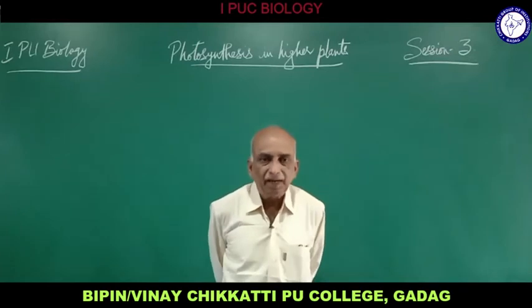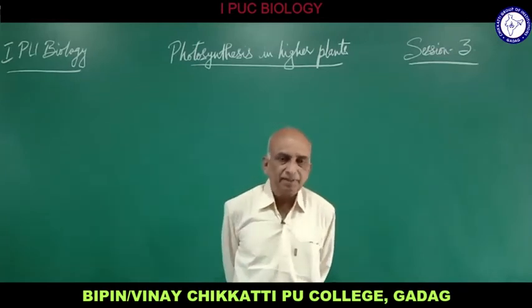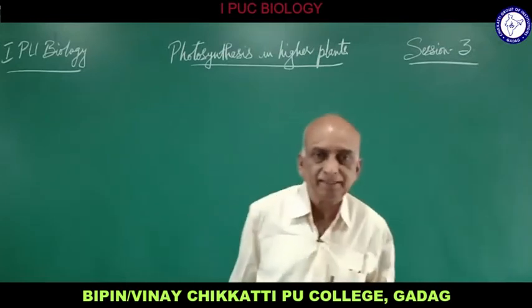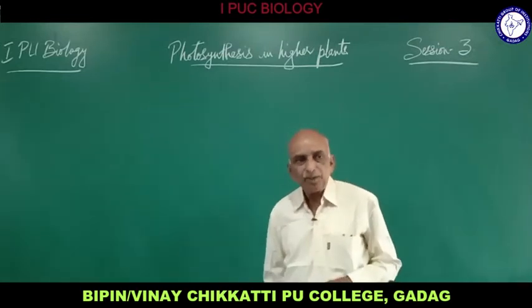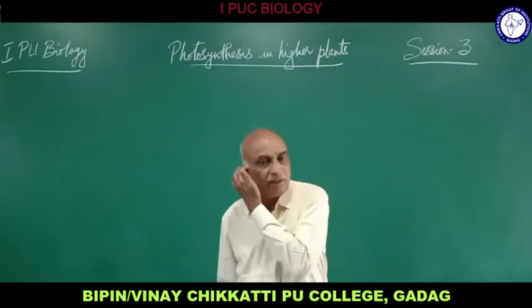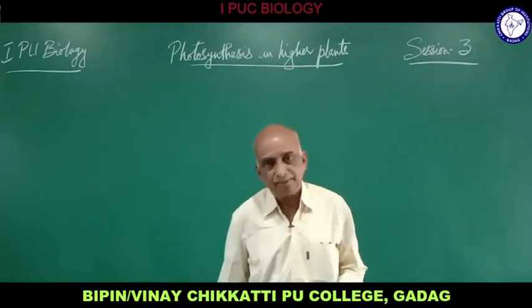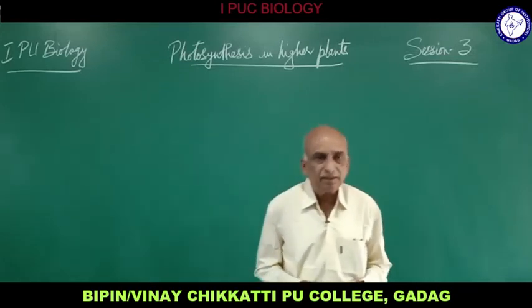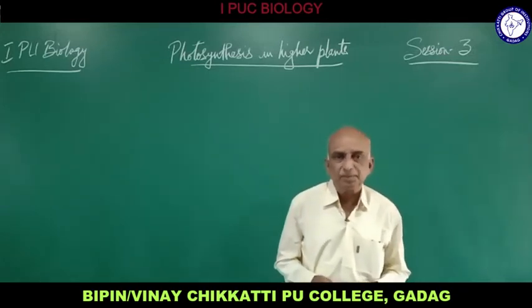So what are the events which occur in the light reaction? In the light reaction, water is used to produce oxygen, and the main event which takes place is photophosphorylation.